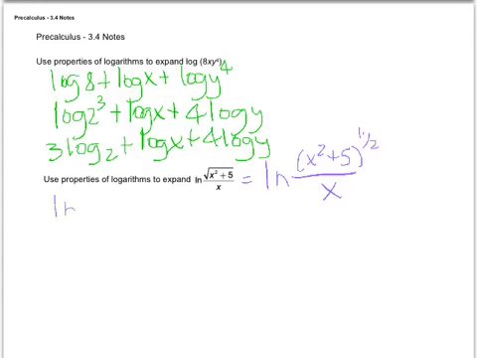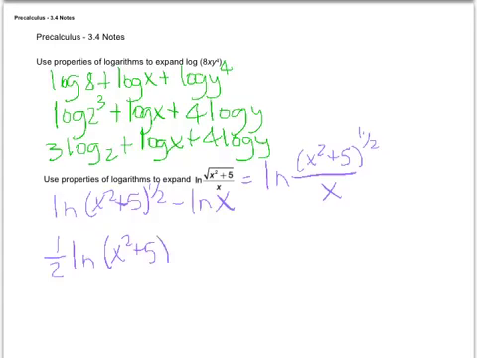So this is going to be the natural log of x squared plus 5 to the 1/2 minus the natural log of x. And then to finish that problem off, the power just moves into the front, so it's 1/2 the natural log of x squared plus 5 minus the natural log of x, and you're done.